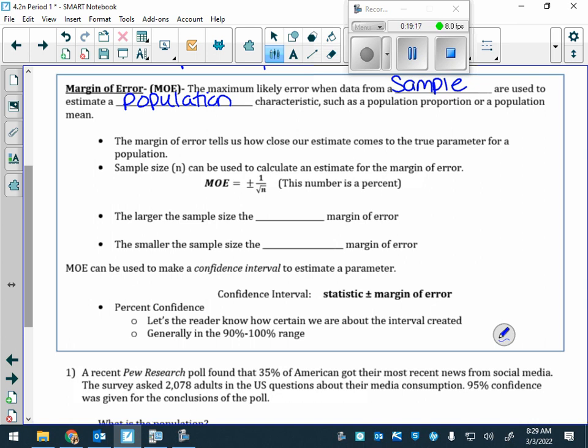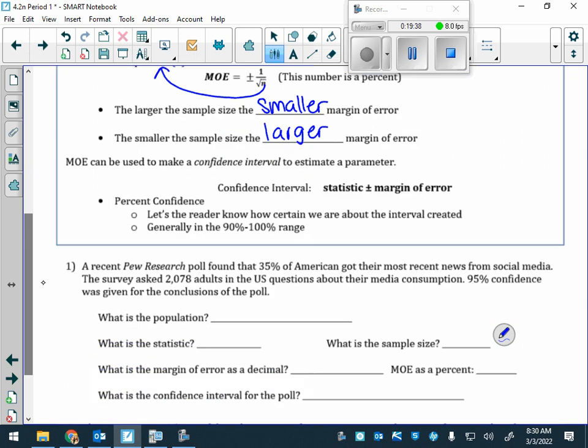It's 1 over the square root of n, which is the sample size, okay? And like I keep mentioning, the larger the sample, the smaller the margin of error would be. The smaller the sample, the larger the margin of error would be, okay? So that's why we always want to have a large sample to reduce those errors from occurring, okay?